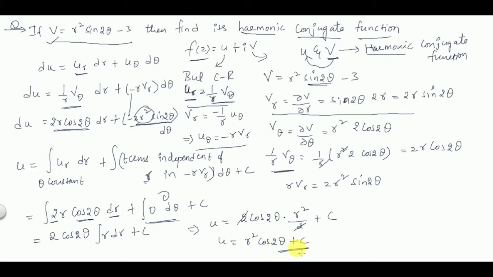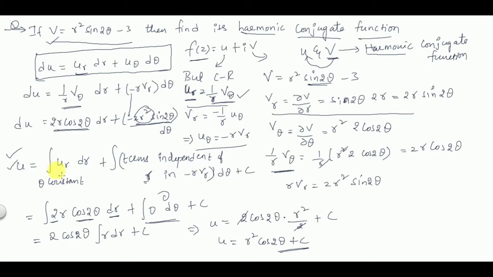Okay, so this is your harmonic conjugate function, right? So this is the procedure. First of all, you have to write this form, as I have explained in the procedure in the previous video. So du is equal to this, and you have to substitute these Cauchy-Riemann equations because you are not given u, you are given only v. So substitute that, and this is the formula which you have to keep in mind.